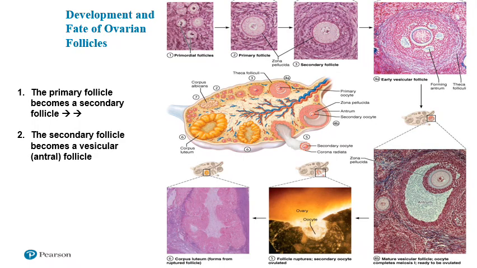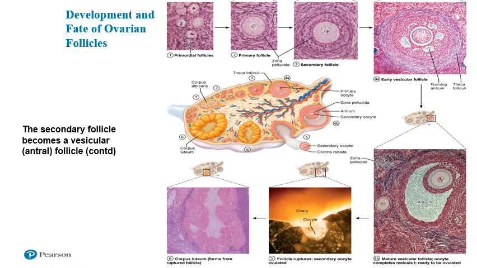The antrum fluid continues to build up pressure until it pops and pushes the egg out. So the antrum expanded and the fluid inside it created pressure. It pushed the follicle open, and the egg, together with the corona radiata, is now pushed outside, and that is ovulation.